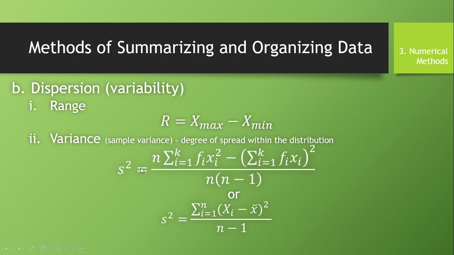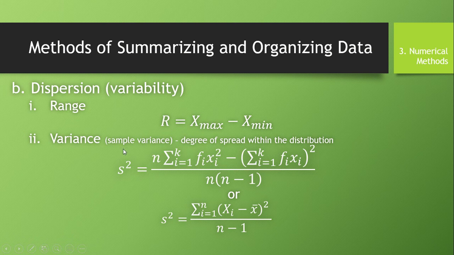If you would see the variance denoted with the letter S, recall that our mean, median, and mode were denoted by lowercase x. Those refer to the sample mean, sample median, and sample mode. This variance here refers to the sample variance.